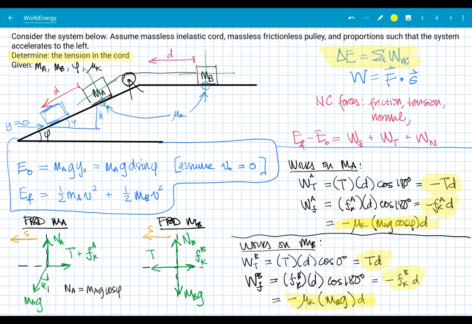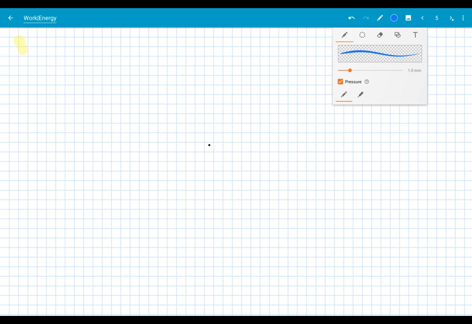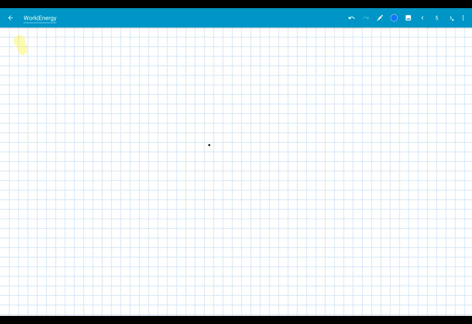So if I just look at block B, this here is block B only. The initial energy of block B is nothing. It's just sitting there, right?